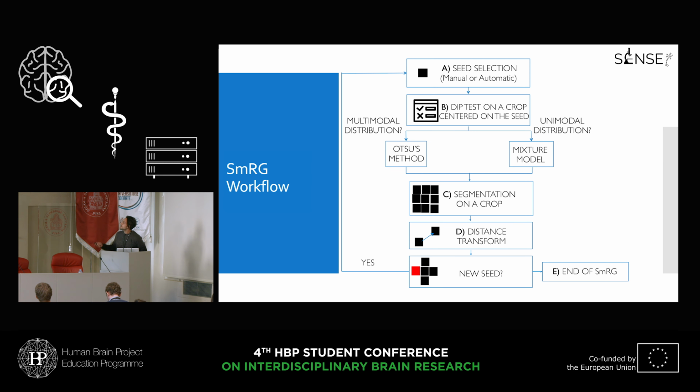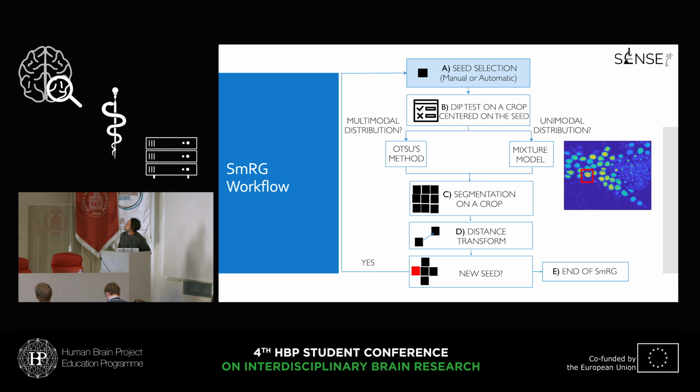So the reason of this region growing algorithm is basically to segment Clarity-treated tissues. You start standard by selecting a seed, and then a dip test is performed on the pixel distribution of a local crop centered on the seed to test unimodal against multimodal distributions.